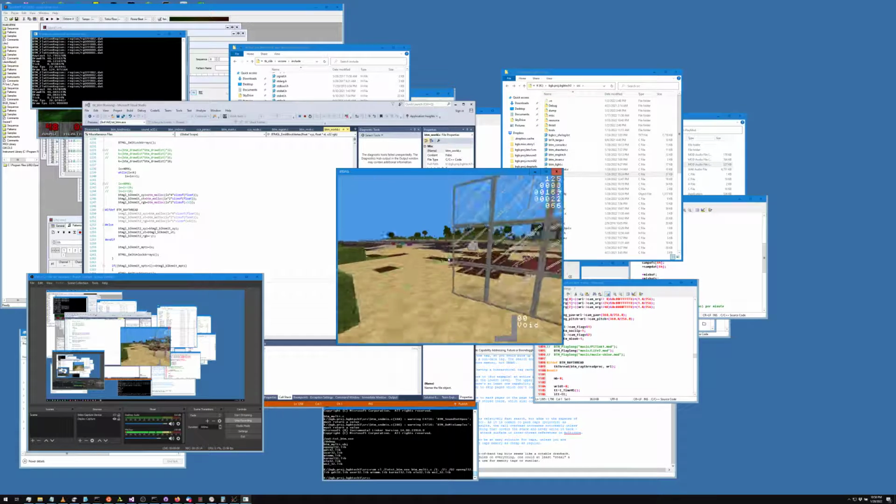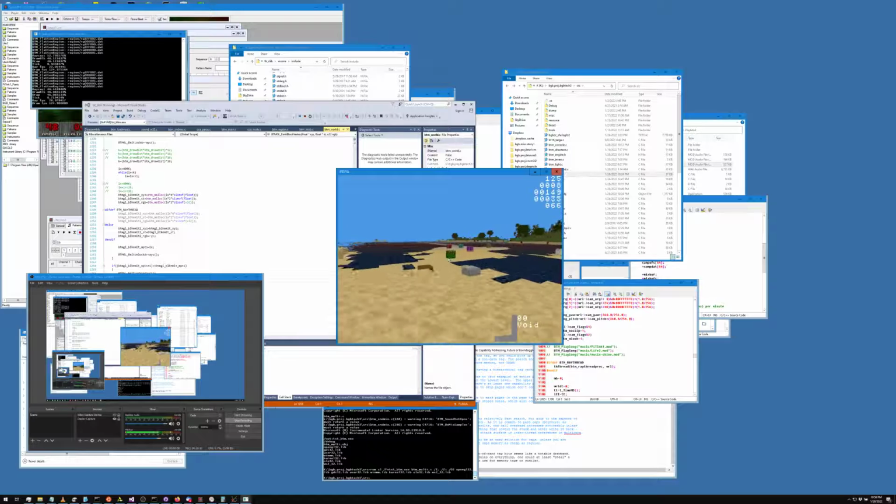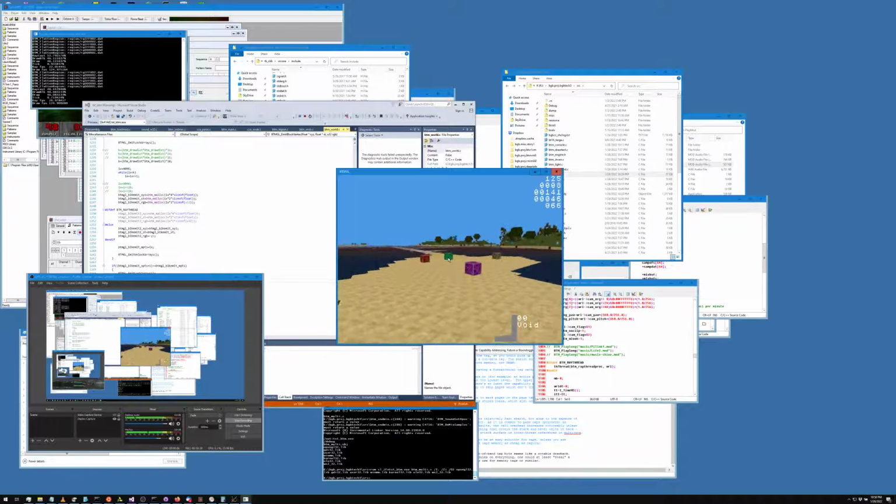Generally, deficiencies of the raycast system are more obvious when flying around than when running around at ground level.